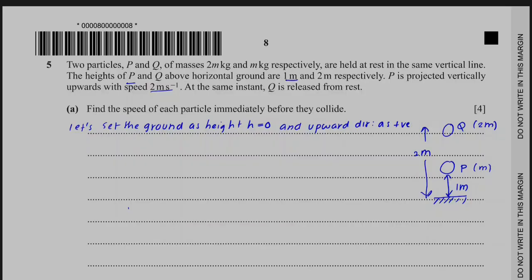So any measurement that we take along the upward direction can be considered positive. Regarding the acceleration a, we can consider it as minus g, and we can approximate it to 10 meters per second squared for simplicity for both the particles.